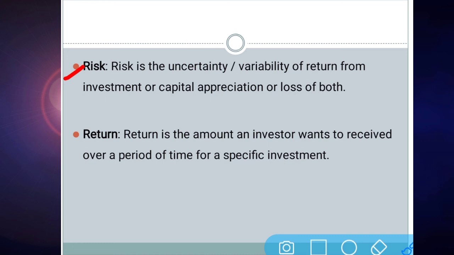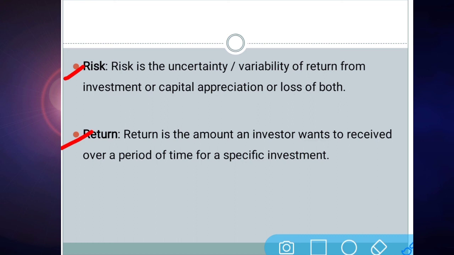So the dividend the person is receiving is his return, and the increase in his total share value is called his capital appreciation. Any uncertainty or variability in this return and capital appreciation or both is considered risk in the stock market.